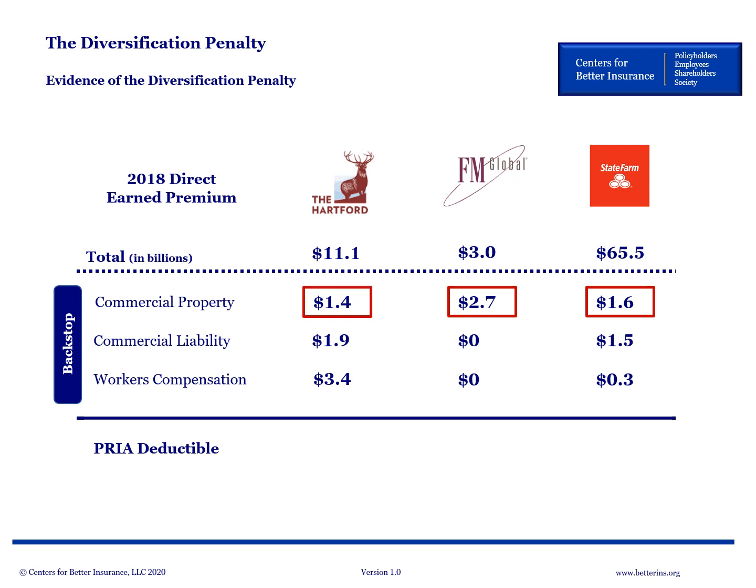Hartford, with the smallest commercial property portfolio, has the largest insurer deductible, almost 3 times the size of FM Global's, even though FM Global's portfolio is close to twice the size of Hartford's. State Farm has a portfolio larger, but closer in size to Hartford's. Yet, its deductible is only half the size.